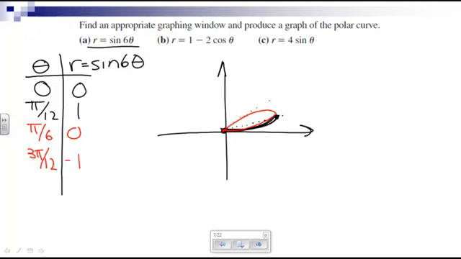Okay, so now I'm on this particular angle, but I got a negative value. So even though I'm sweeping in the first quadrant, I end up getting a point that's down here in the third quadrant, a negative r. And it goes shoop.